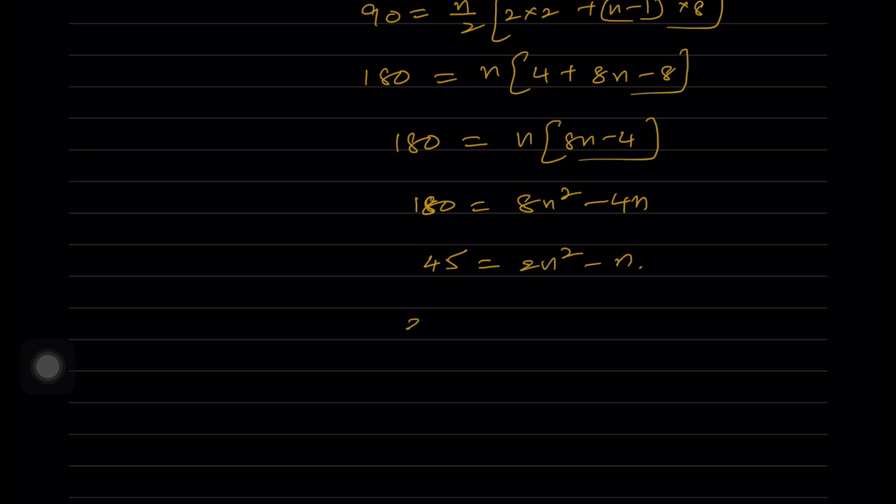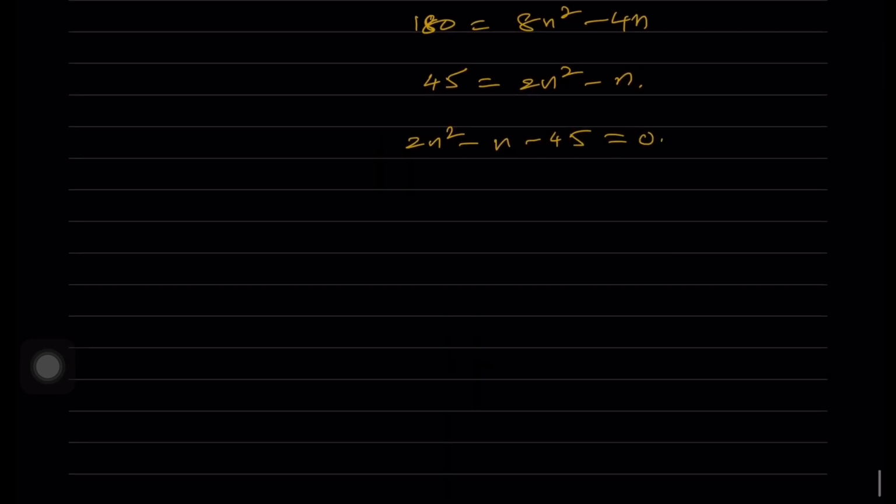So divide throughout by 4, you are going to get 2n square minus n minus 45 is equal to 0. So therefore 45 into 2 is 90, so 10 and 9 are the factors here. Minus 10n plus 9n will give you minus n.